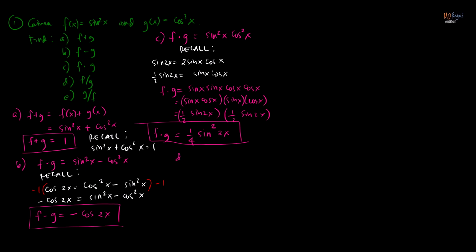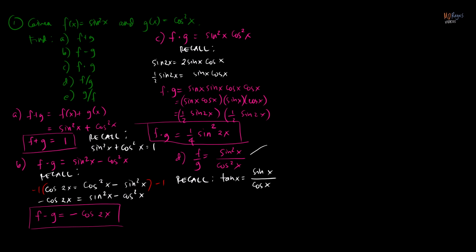Now answering D, f over g is just f of x over g of x, so that would be sine squared x over cosine squared x. Again, recall the identity. This is actually the quotient identity: tangent x equals sine x over cosine x.